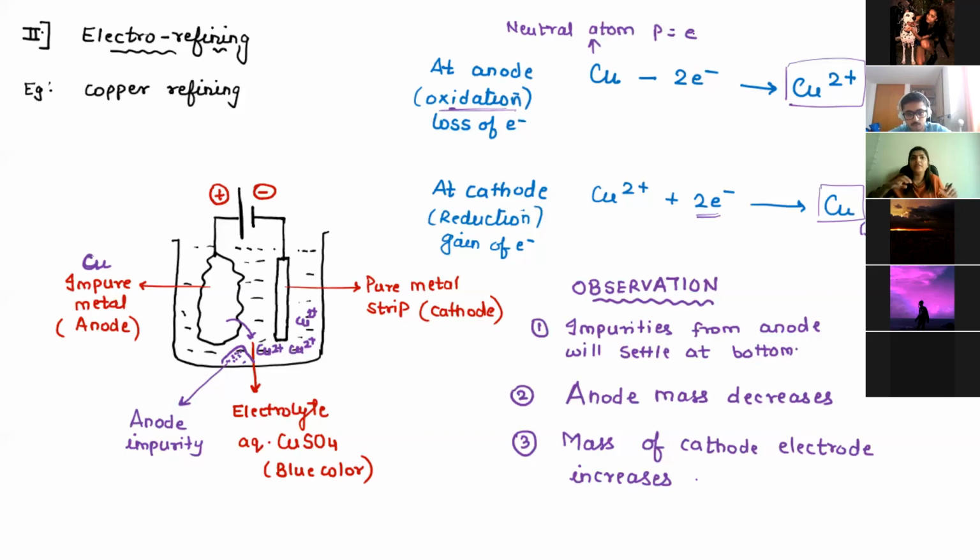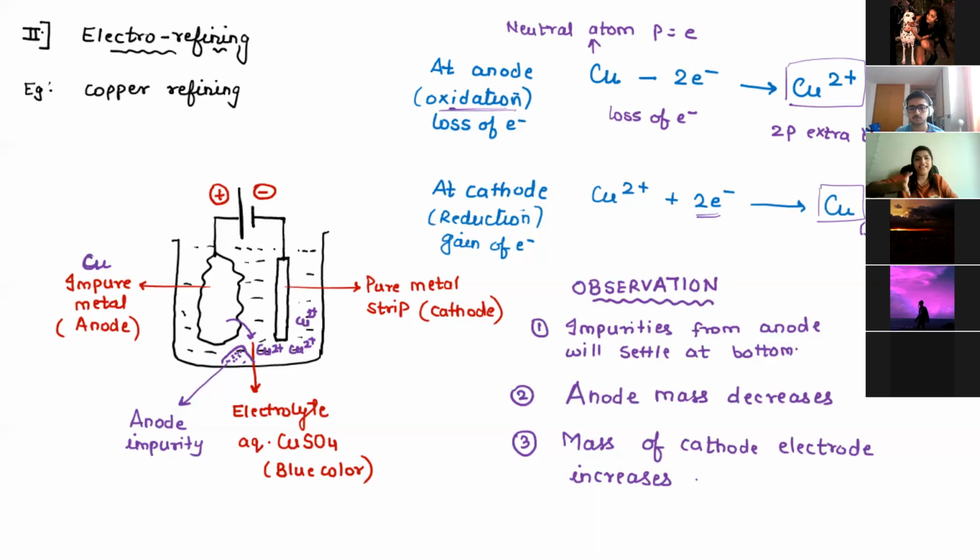Now, if it is losing electrons, let's say 2 electrons are lost from copper. So can I say that in Cu2 plus, there will be 2 protons extra than electrons? And that's why we wrote Cu2 plus, because the stable oxidation number of copper is 2 plus. So that 2 plus keeps on going into the solution.